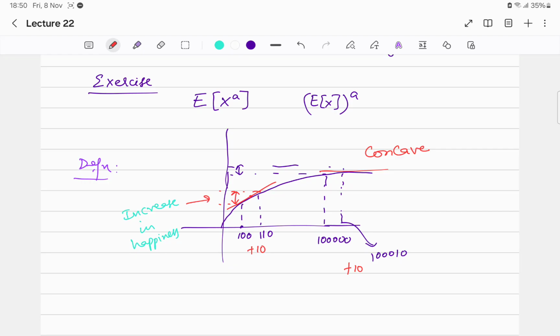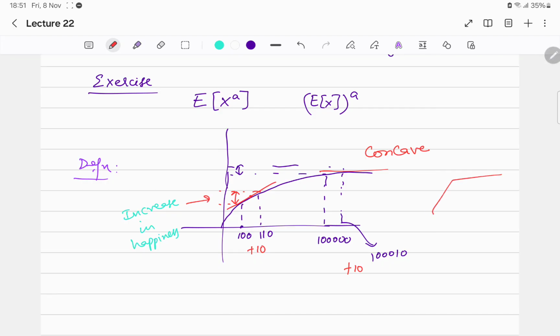So how do you understand whether the slope is a decreasing function or increasing function? Second derivative. Look at the second derivative. If the second derivative is negative, then the slope is a decreasing function. That is exactly the way that we will verify whether something is a concave function or not. So you look at the second derivative, if they are differentiable, of course.